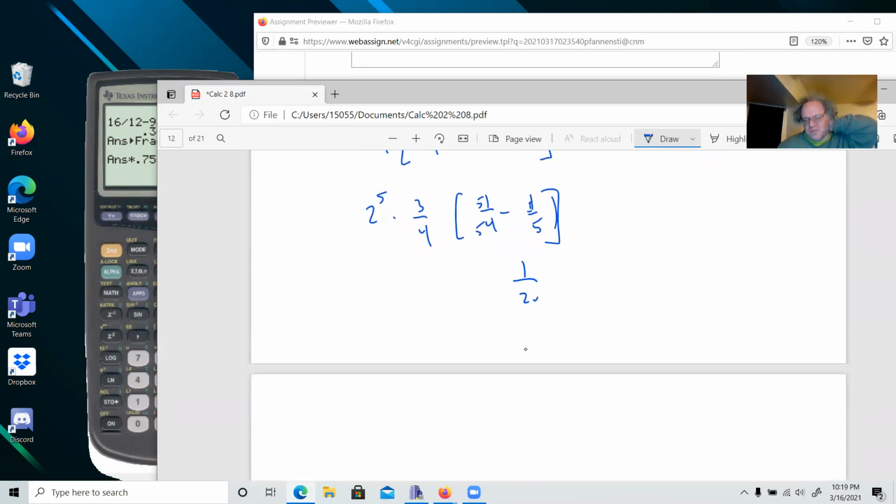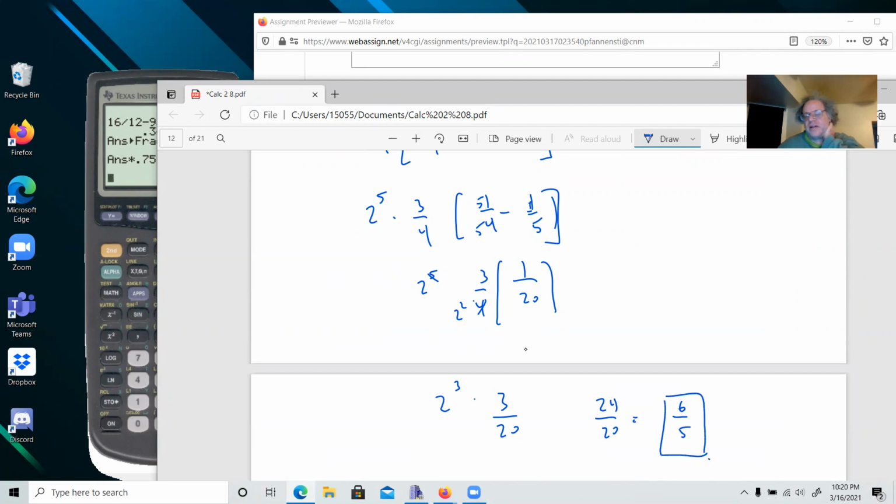So that's 1 over 20. 3/4 times 2 to the 5th. 4 is 2 squared, so we can cancel some of that and get to 2 to the 3 times 3 over 20. 2 to the 3 is 8. 8 times 3 is 24/20. If we cast out a 4, we have 6/5.